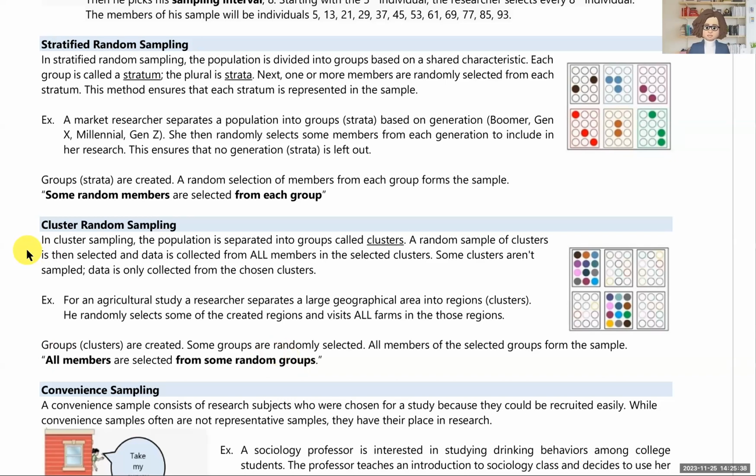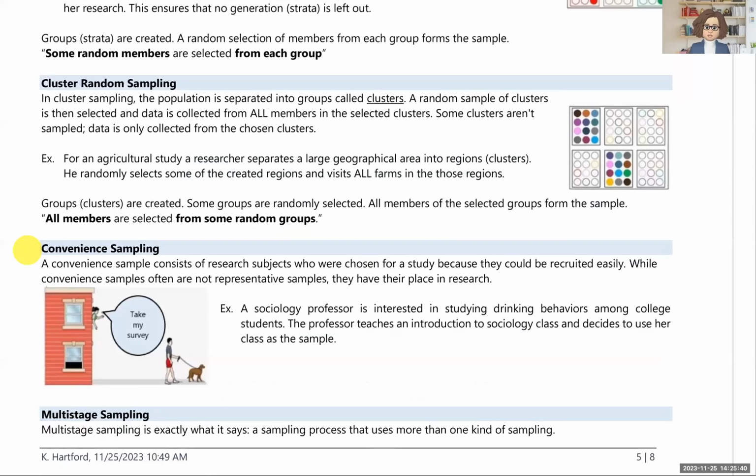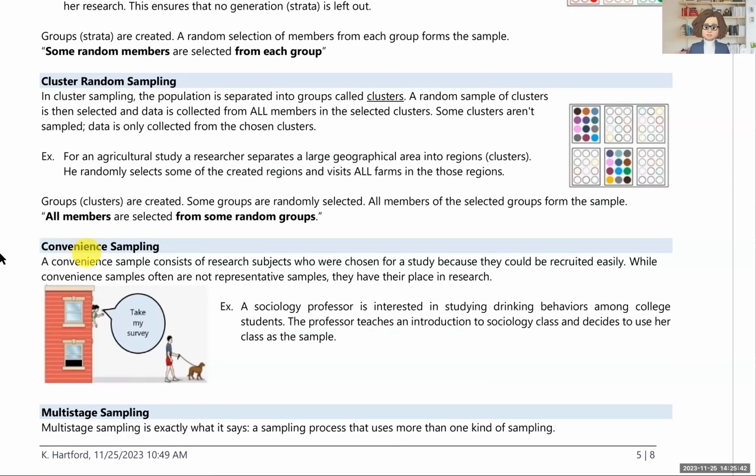All right, and then adding a technique here down at the bottom, convenience sampling. So in a convenience sample, there is no effort made to ensure the sample is representative. It's simply doing what is convenient and easy to gather your data. So as an example, a sociology professor is interested in studying drinking behaviors among college students, and the professor teaches an intro to sociology class and uses her class as her sample.